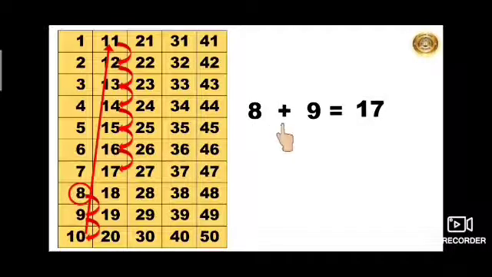Means 8 plus 9 is 17. Children, you can start with any number, whether smaller or greater, and take the steps of the smaller number, as the smaller number is easy to count forward.